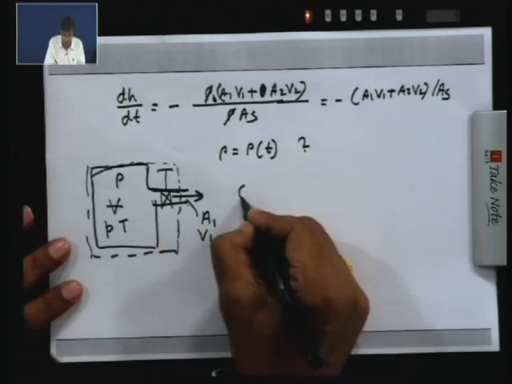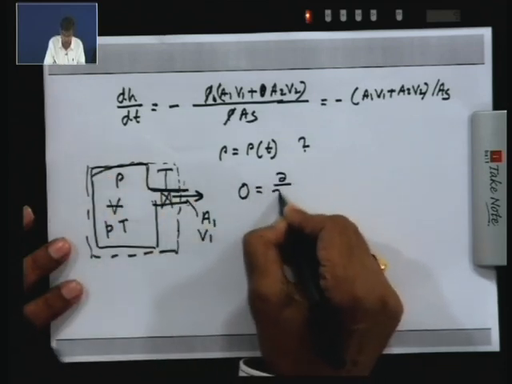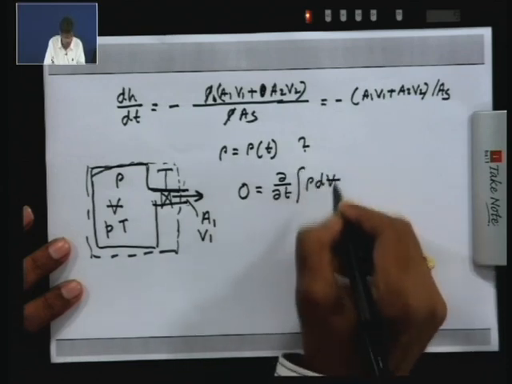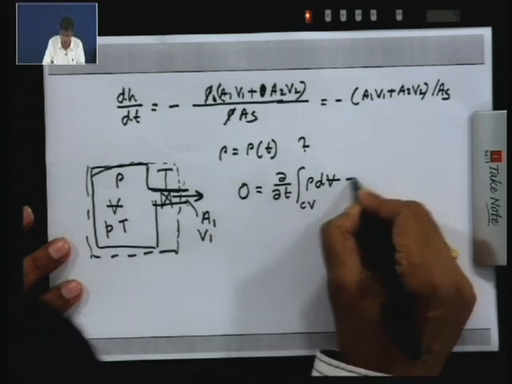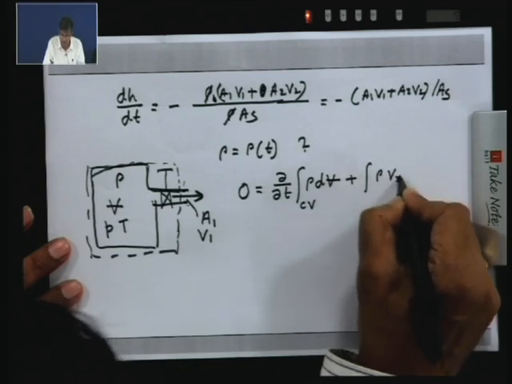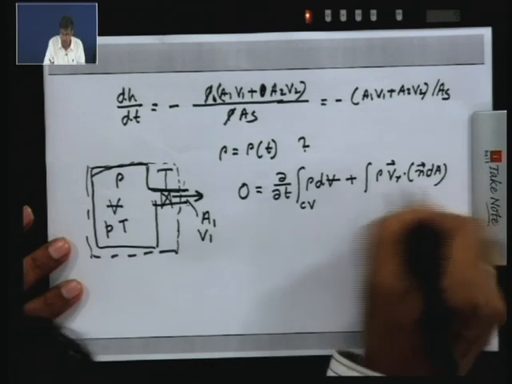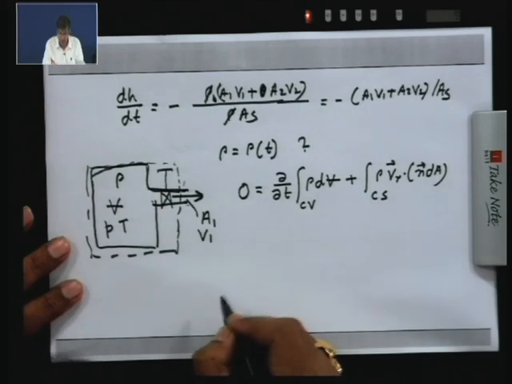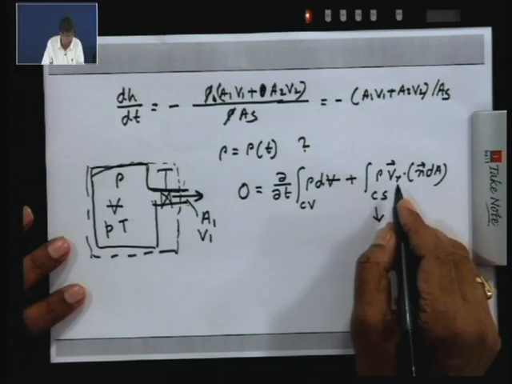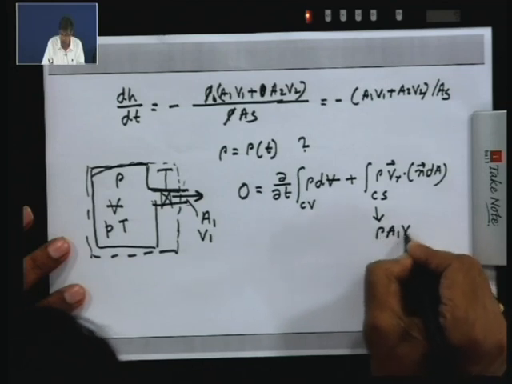It is also possible from intuition, but if you write the equation, you get the Reynolds transport theorem: the derivative of rho dV over the control volume, plus rho V R over the control surface, is 0. First we always start from the basic equation. Now this we have already proved: it will be rho A1 V1. I am not doing it again.